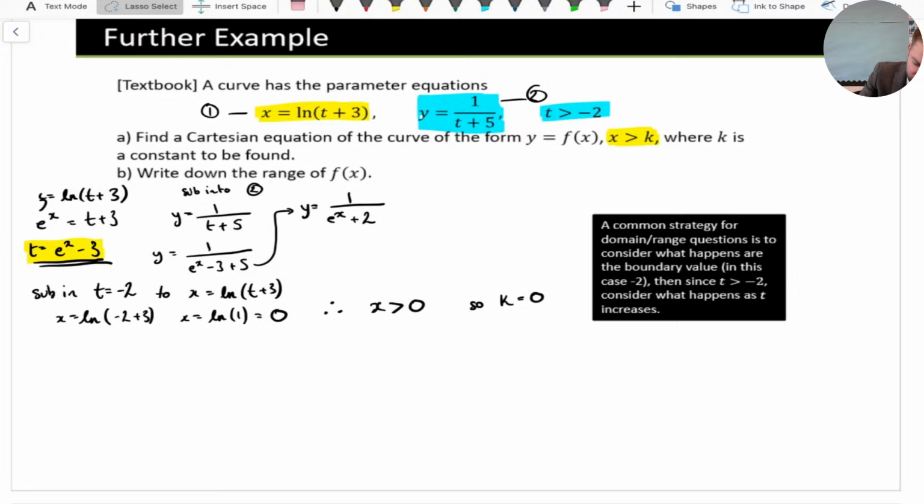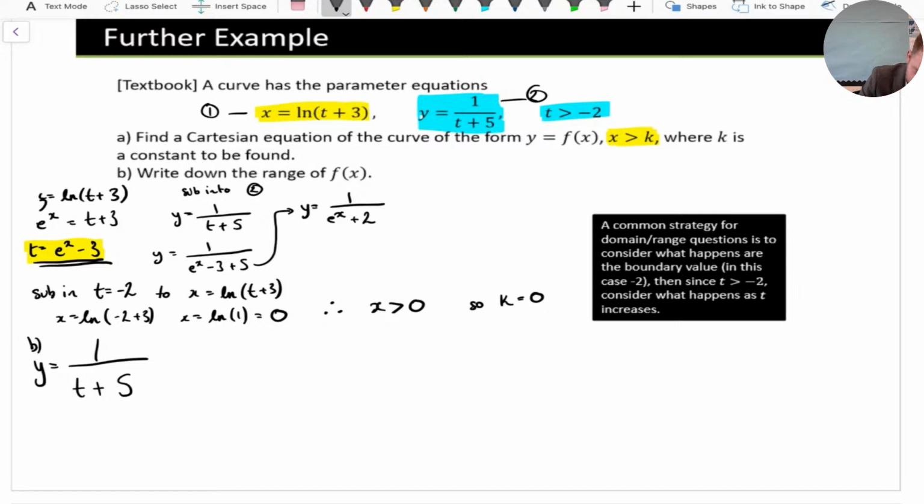We know that the range is going to be this blue highlighted part, which is y is equal to 1 over t plus 5. The reason they've done it as part B is they're probably going to be thinking about what this graph looks like.